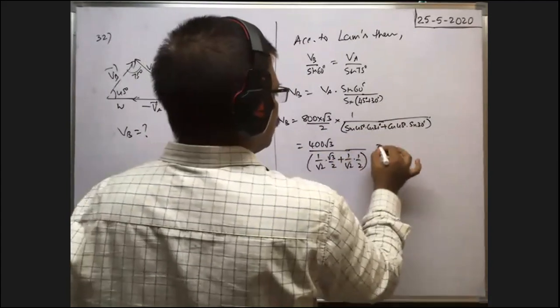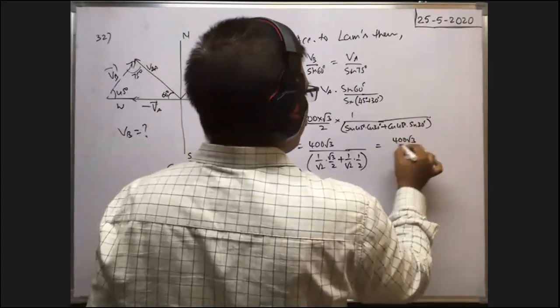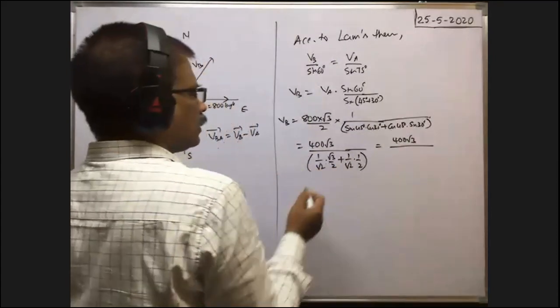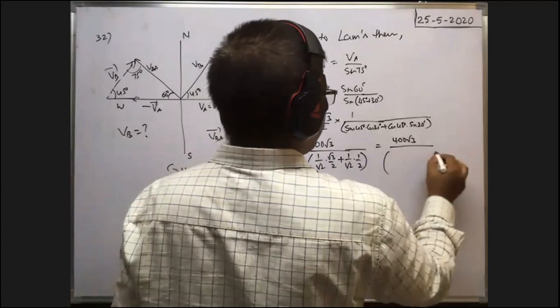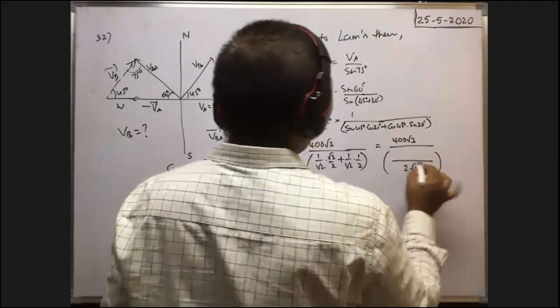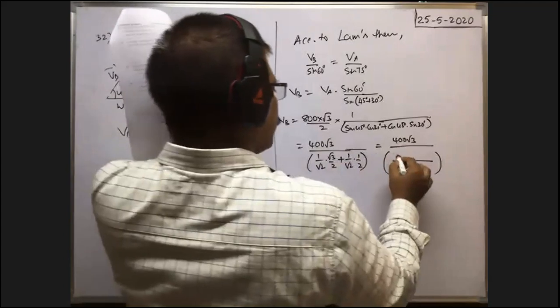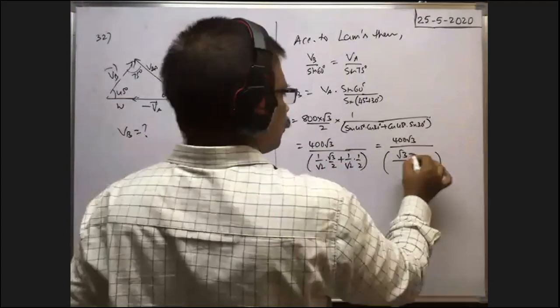This is equal to 400 root 3 by, taking 2 root 2 common in the denominator. As 2 root 2 is here, directly we can write root 3. Here also 2 root 2, so here 1.